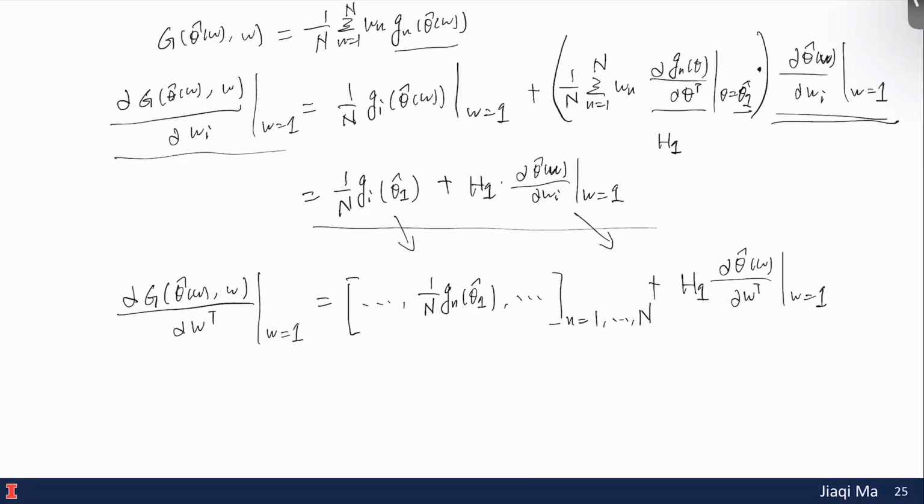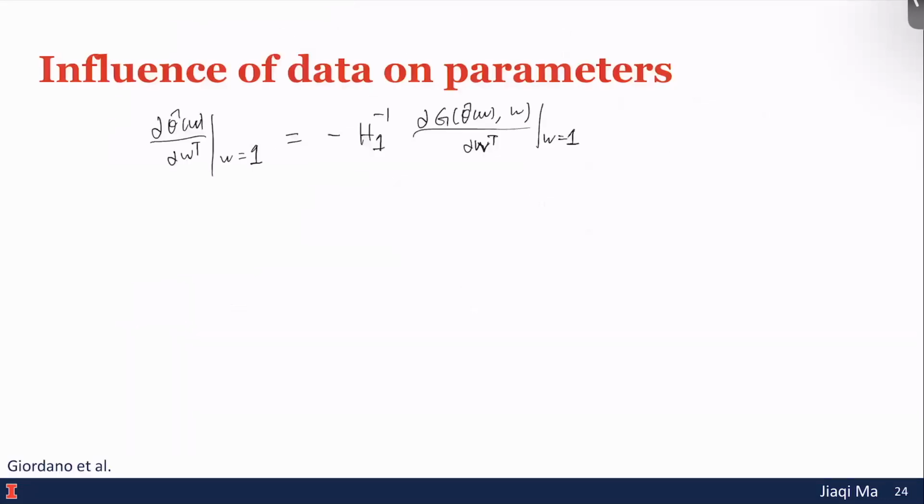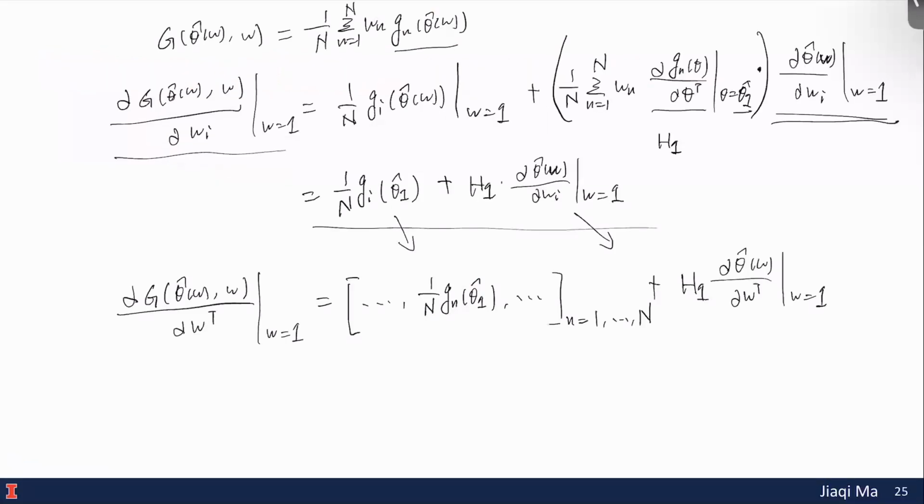So when we plug this formula back in, we basically get an equation. If you plug in the formula, then you get H inverse times H1 inverse times this, and H inverse times this becomes itself, right?